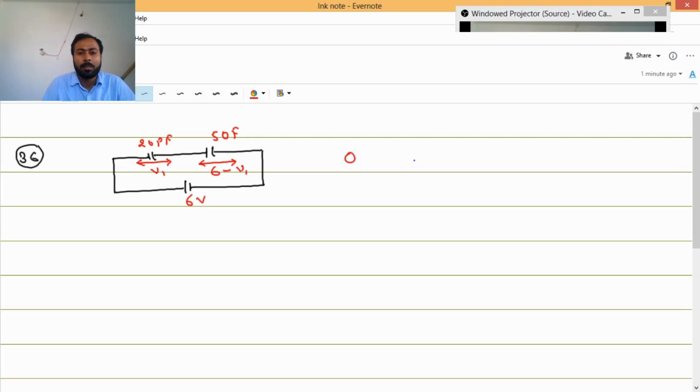If the connection is series, then the charge or the current in that connection will be common, meaning equal.